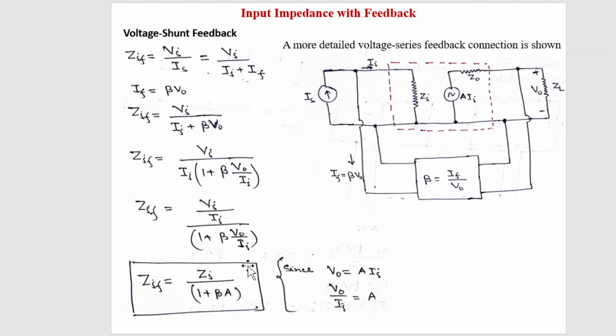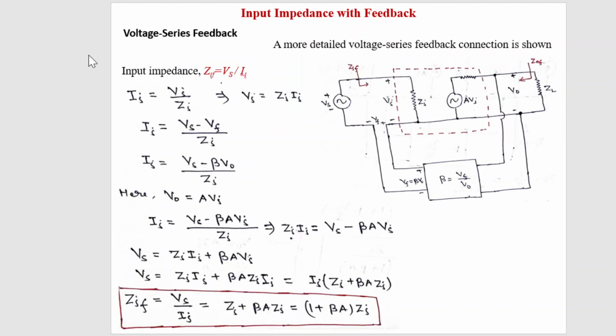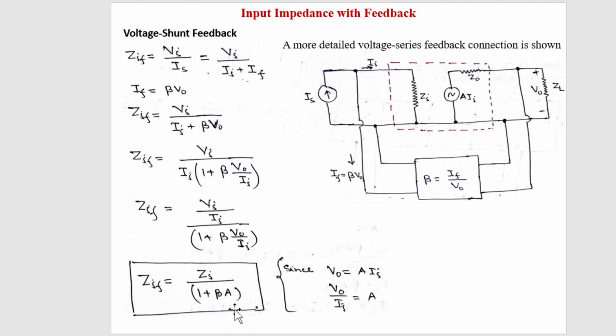Here if you see, in this case, input impedance is basically Zi divided by 1 plus beta A. In previous case, how much? In case of voltage series, it was multiplied. In case of voltage shunt, it is divided by. That means in case of voltage shunt, input impedance is decreased with respect to the without feedback impedance. In how much is it decreasing?